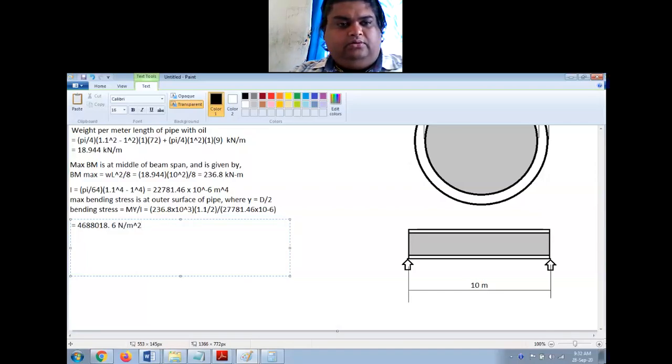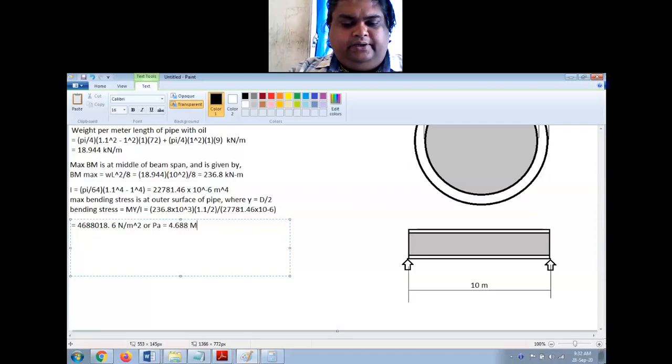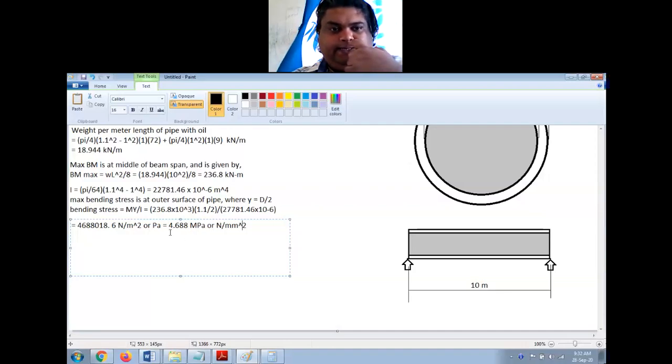Now, 1 Newton per meter square is 1 Pascal, right? So if I take it here, then it will be 4.688 megapascal or Newton per mm square. If you use millimeter in the calculation, you will be getting 4.688 Newton per mm square.